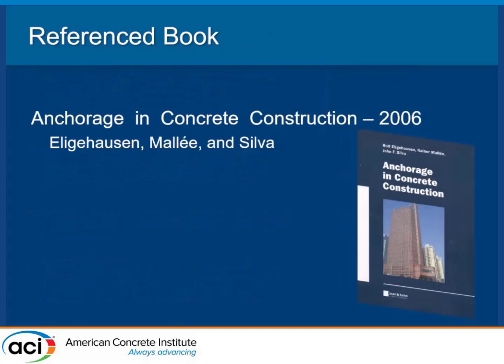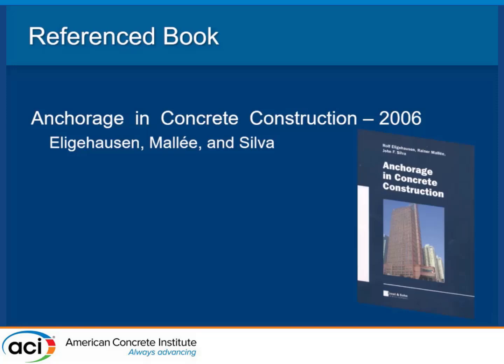And then for myself, and I will bring them up as we go through this presentation, things like side face blowout. If you don't meet the requirement, the code doesn't really tell you what to do next, right? And the answer isn't obvious. You will find some sort of answer in this book, Anchorage in Concrete Construction, which is Eligehausen, Mallée, and Silva.